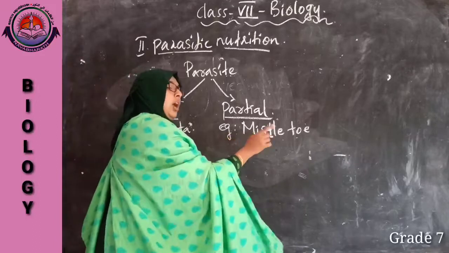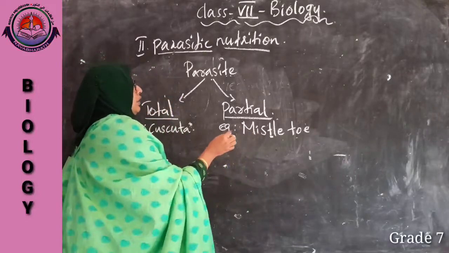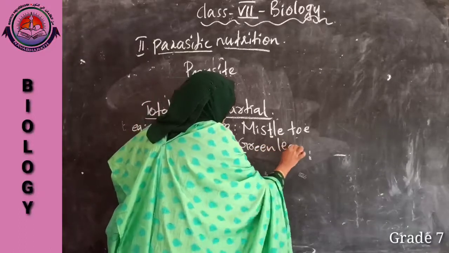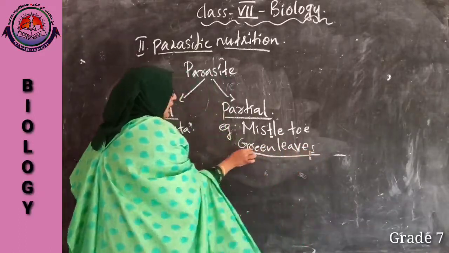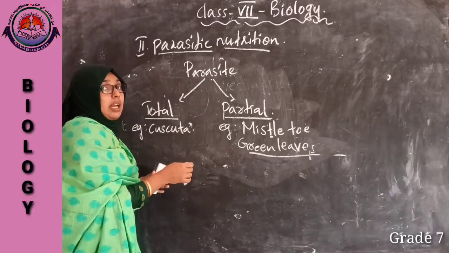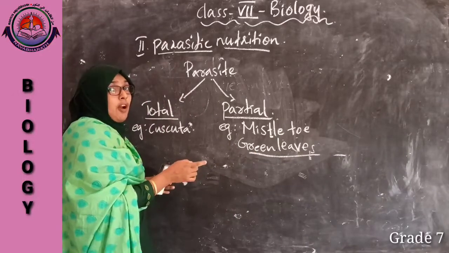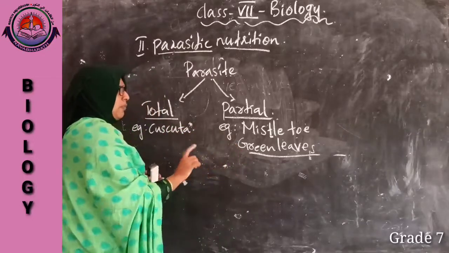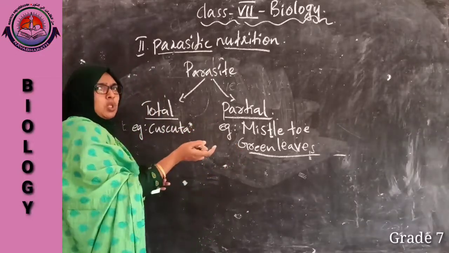Mistletoe is green in color, or it has green leaves. So green leaves indicate that it can prepare food by the process of, yes, photosynthesis. Then for what purpose do they depend on the host?